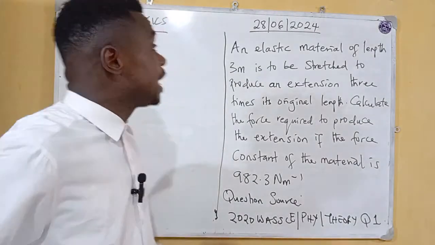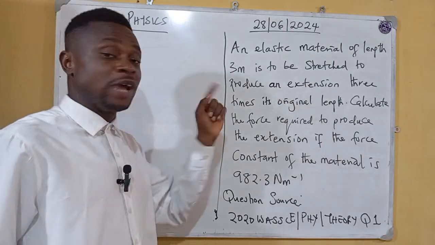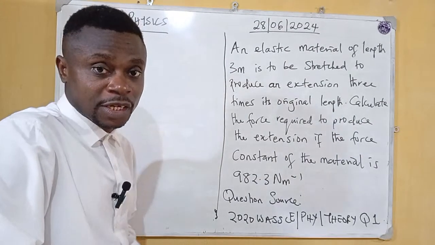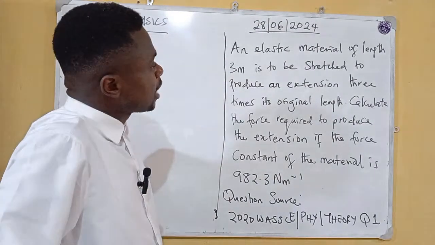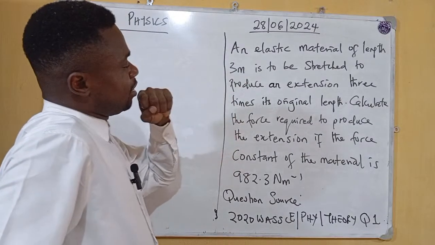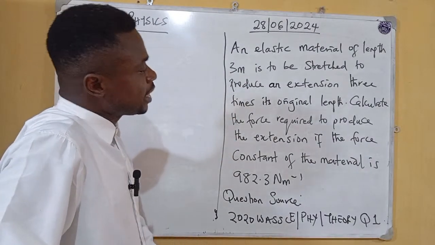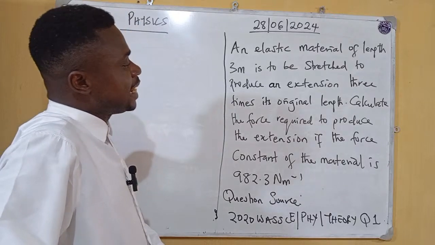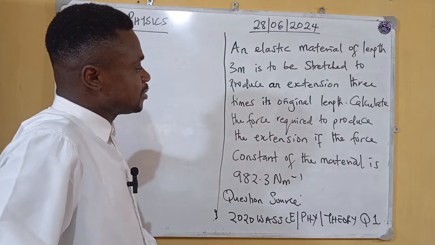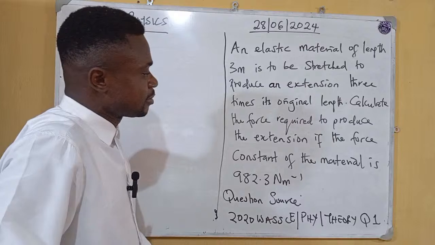Today we take a look at physics and we have a question on the board. The question says, an elastic material of length 3 meters is to be stretched to produce an extension 3 times its original length.